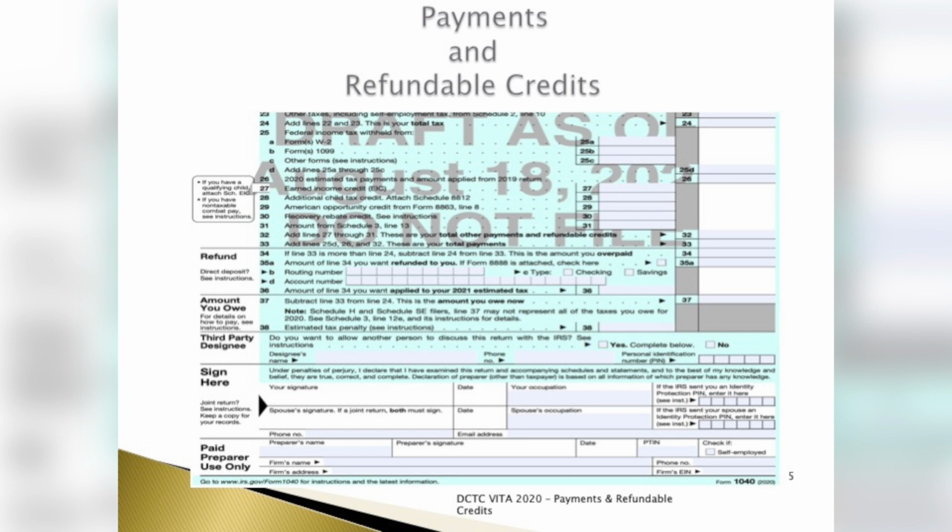Moving on to line 28, additional child tax credit. Attached Schedule 8812. Another refundable credit applies to taxpayers who have a qualifying child or children. In order to qualify for this credit, both the taxpayer as well as the qualifying child or children must all have valid Social Security numbers.